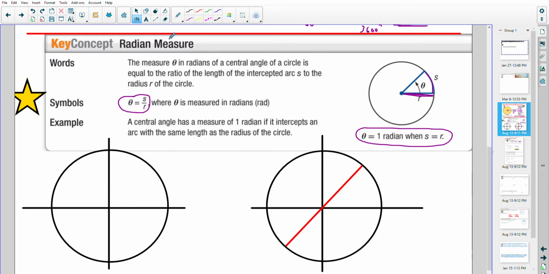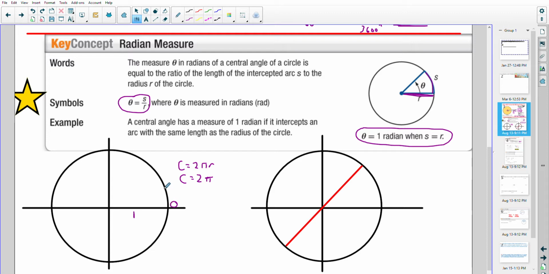Now there are some common radian measures around the circle that would be easy to know. First of all, if this is 0 and the radius is 1, you would know that the circumference is equal to 2 pi r, or if the radius is 1, it's equal to 2 pi.